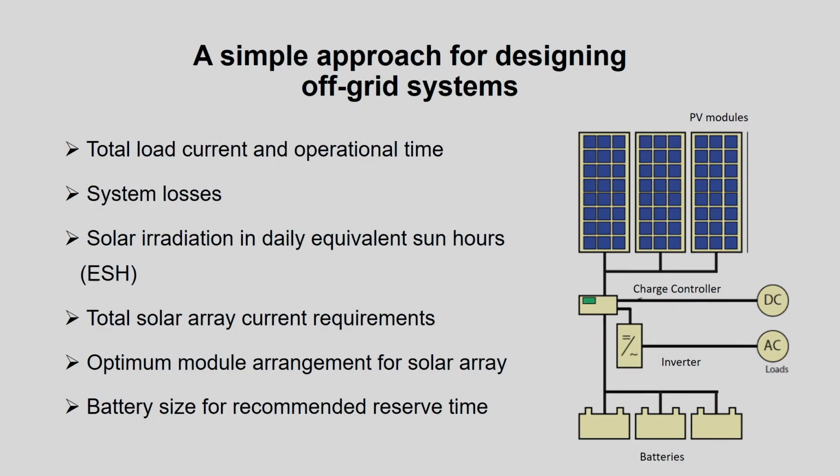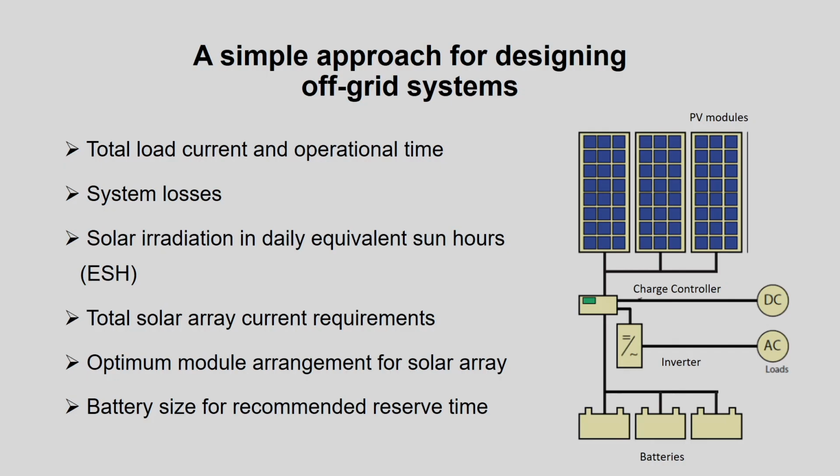Now, let us see the simple approach for designing an off-grid or standalone system. It includes the determination of total load current and the operational time, then determination of system losses. Then we need to determine solar irradiation in daily equivalent sun hours, also known as ESH.